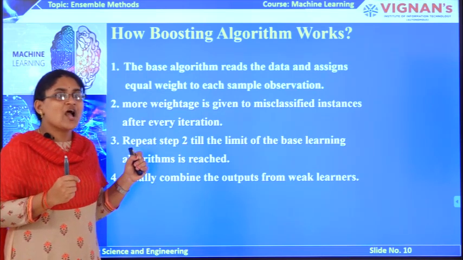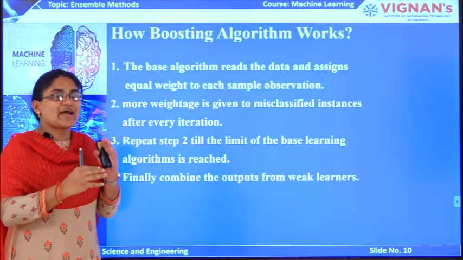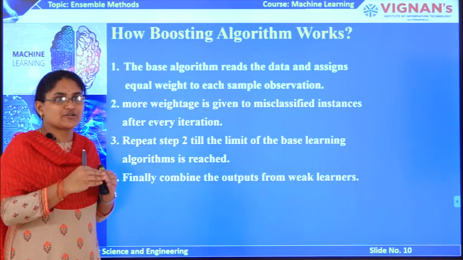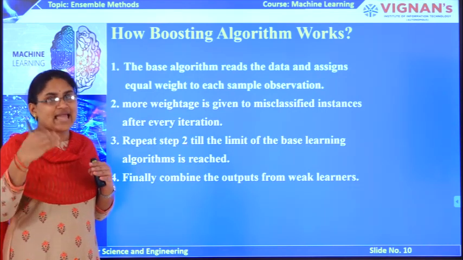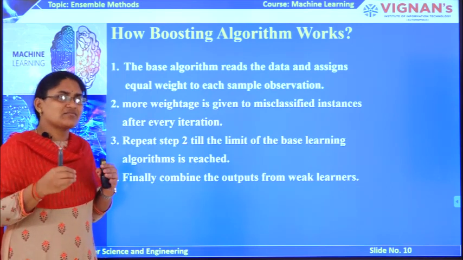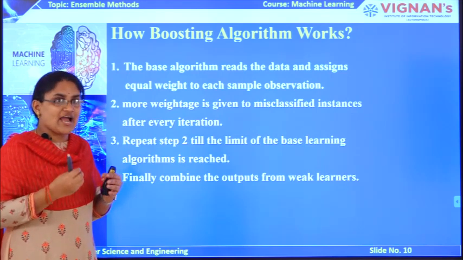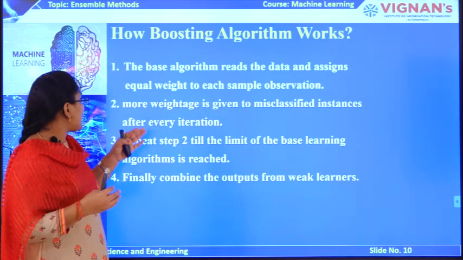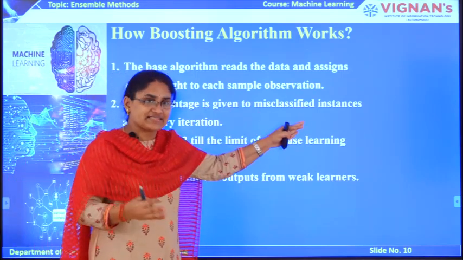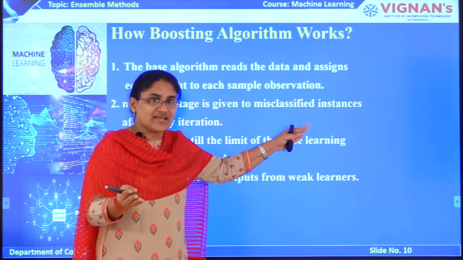After assigning higher weights to those misclassified instances, we apply the output of our first base classifier as the input to the next base classifier. Then if I find any misclassified observations in that second base learner, again we assign higher weights to those misclassified observations and apply that output to the next base learner.